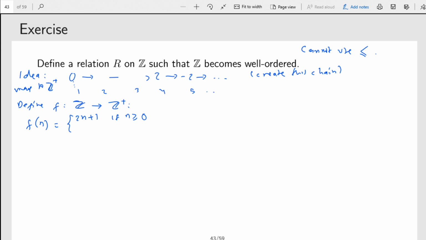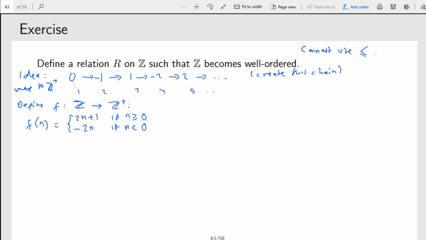This is what we want to make. So this is minus 1, and then 1, and then minus 2, and then 2 and so on, right? So 2n plus 1, and then if n is less than 0, then minus 2n.